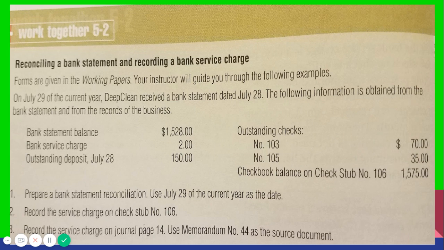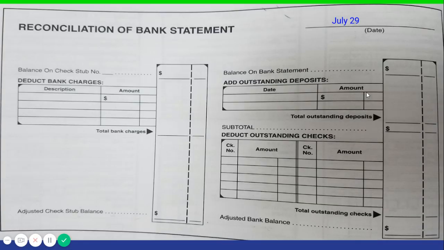To look at a problem together, 5.2 Work Together from your book, this is the information that's given to us. We have our bank statement balance, service charge, outstanding checks, outstanding deposit, and our checkbook balance. So we start with our date. The balance on our check stub, we do our number here, check 106.